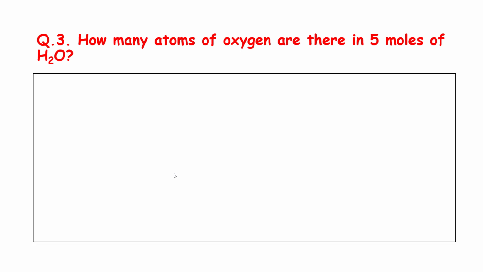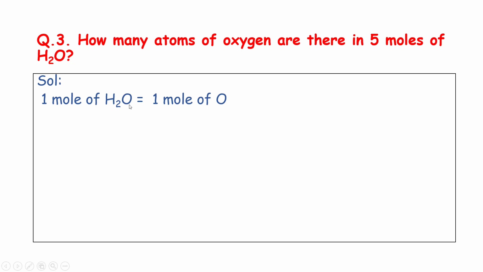Moving on, there is a question, how many atoms of oxygen are there in 5 moles of H2O? So here there is a twist, that they are asking you the number of atoms of oxygen. So the first thing we again need to do is calculate moles of oxygen present over here. They have directly given you the moles of water, right? So 1 mole of H2O consists of 1 mole of oxygen.